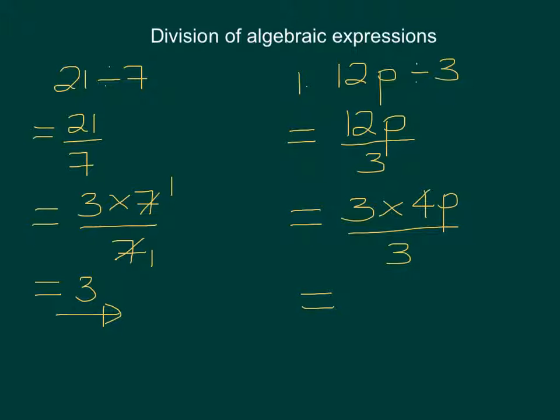So my highest common factor is 3 because I've got 3 in my numerator, I've got 3 in my denominator. So now I need to cancel 3 and 3 by saying 3 into 3 goes once and 3 into 3 goes once. So now I'm left with 1 multiplied by 4p over 1, which is the same as 4p.